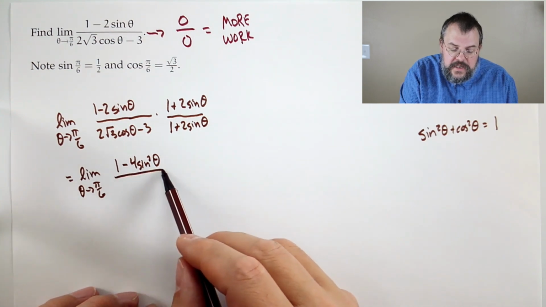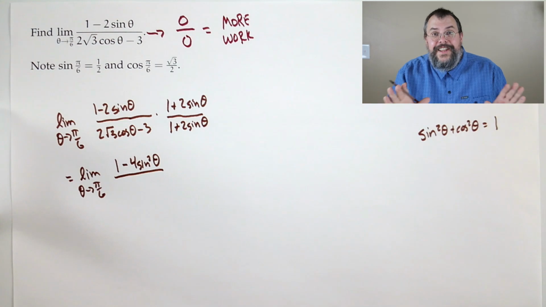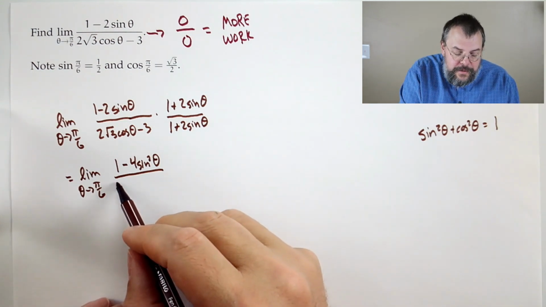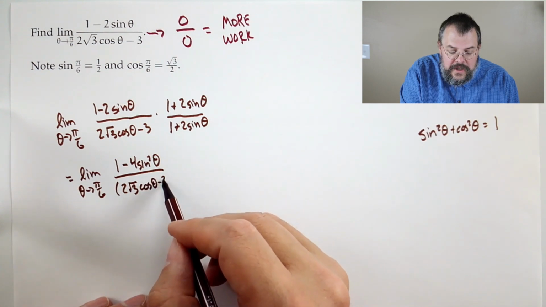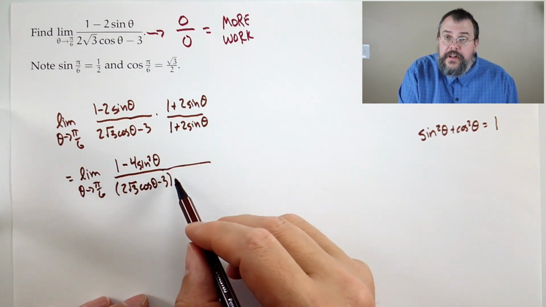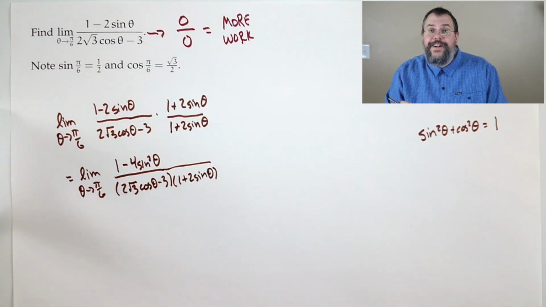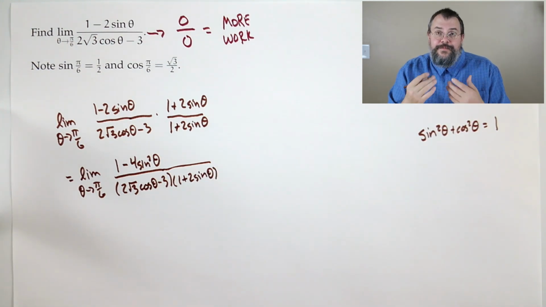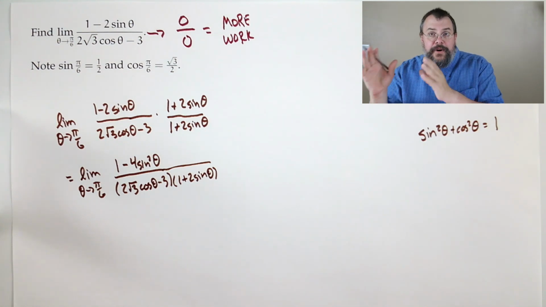Now downstairs, you don't expand. Leave them as separate. Remember, when you're doing conjugates, only expand where you actually used it. In other words, you don't expand on both top and bottom, just on the side where you're using the conjugate to make progress.